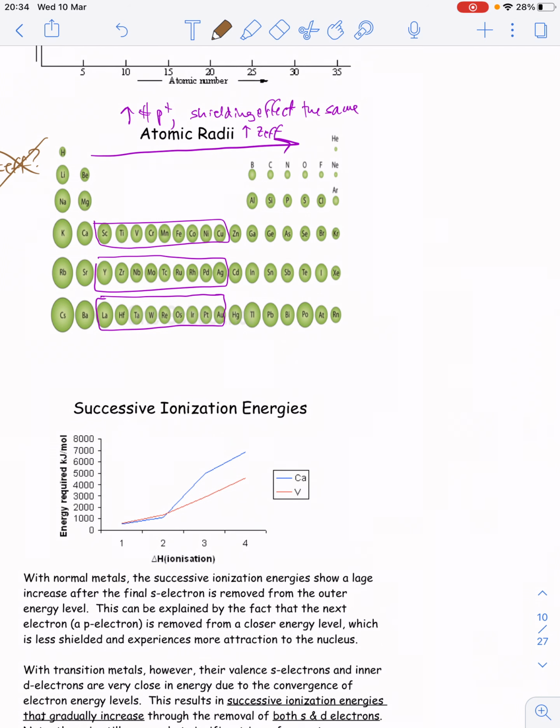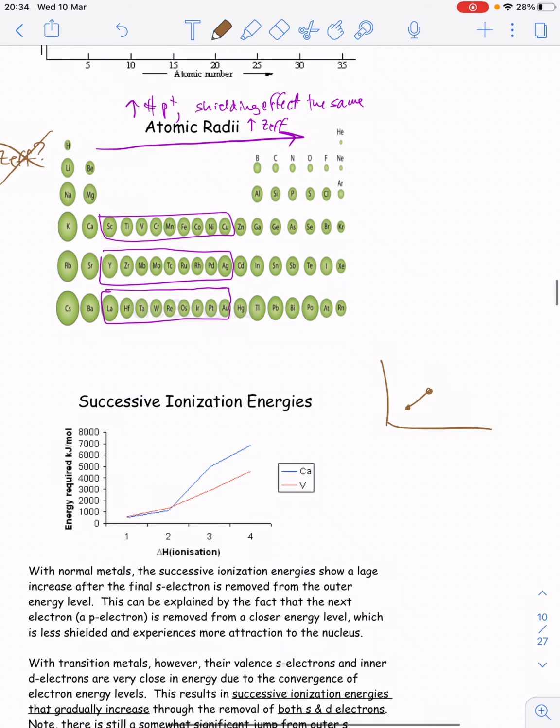So this graph shows calcium. The first 2 electrons that we remove from calcium take a relatively low amount of energy. It does increase after we remove the first electron. We are at calcium plus, and so to take an electron from something that's positive takes more energy because the electron is now more attracted to that positive ion.